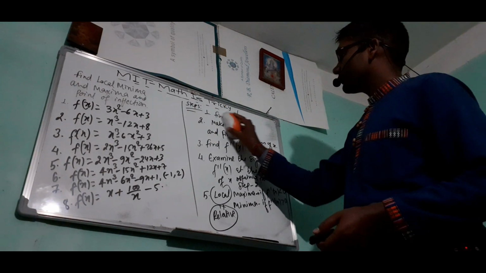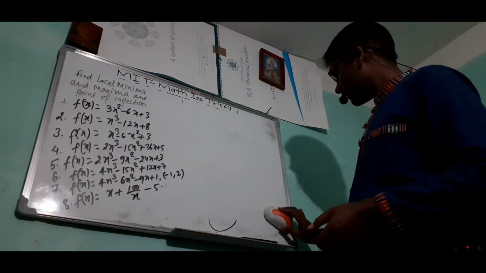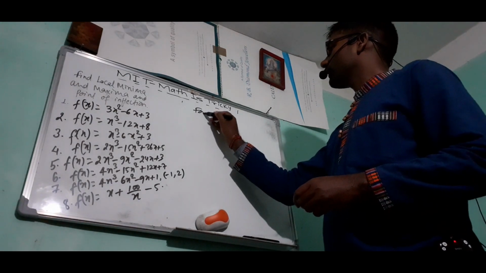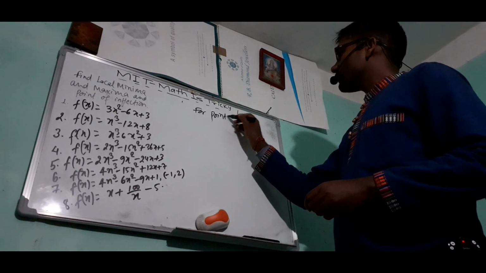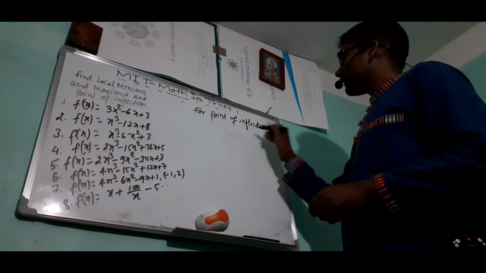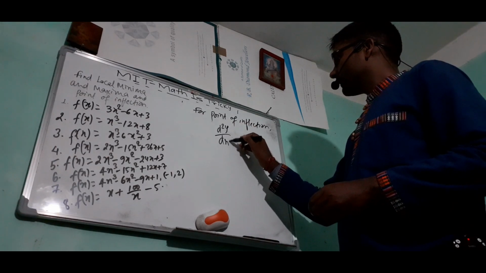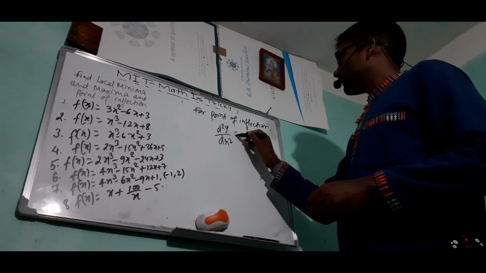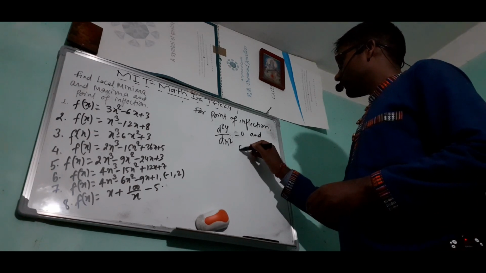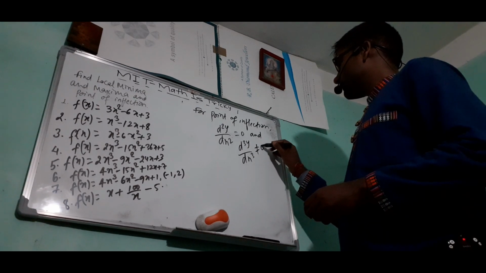So for point of inflection, let me write the condition. For point of inflection, the second derivative d²y/dx² will be 0, and the third derivative will not be 0.